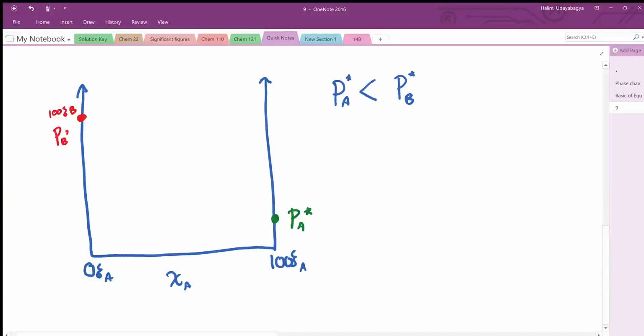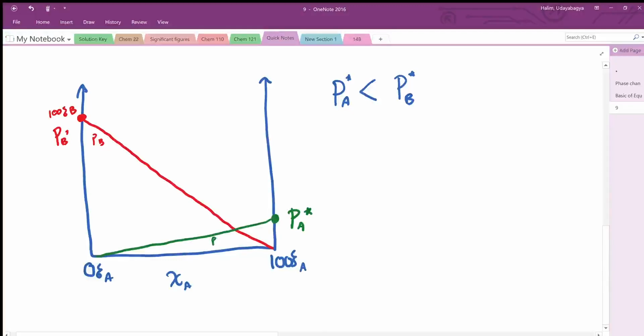Okay, so let's try to draw Raoult's law in this case. Raoult's law is linear from one end to the other, so it's just a linear graph. This one is the partial pressure of B, and then I'm going to use the green color to denote the partial pressure of A, and again it's just going to be linear.